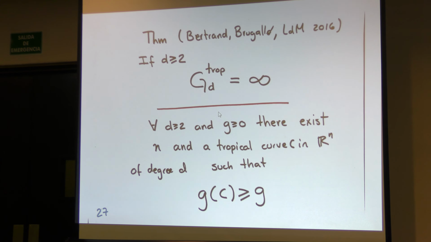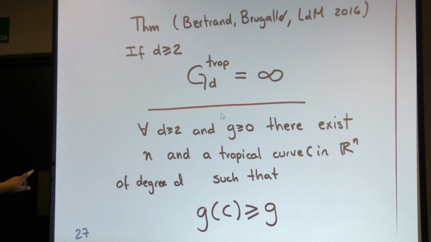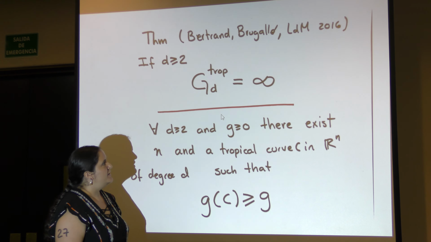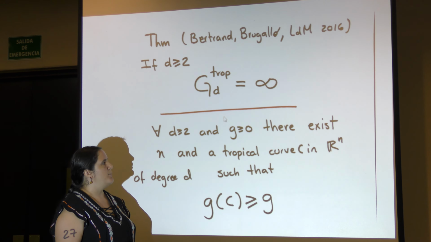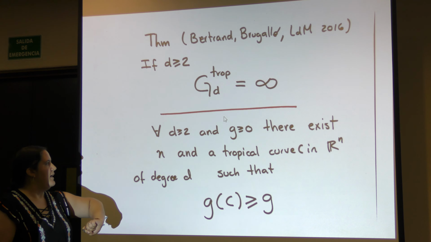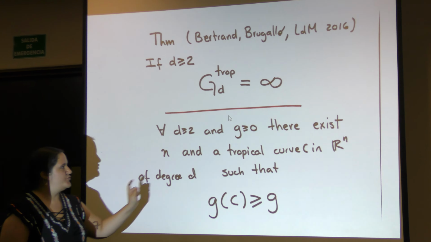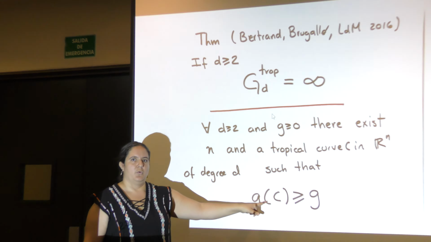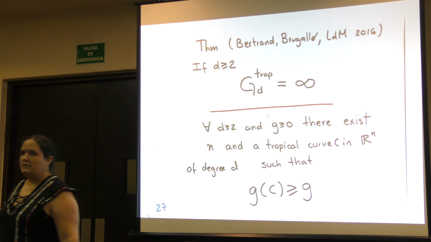In other words, if I fix a degree d greater or equal to 2 and a positive integer g, I can find n, the dimension, and a tropical curve C in Rn of degree d whose genus is greater than g.